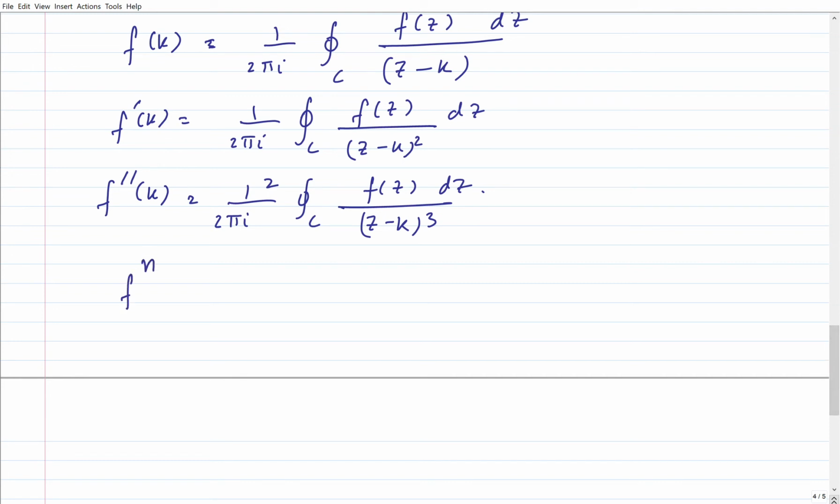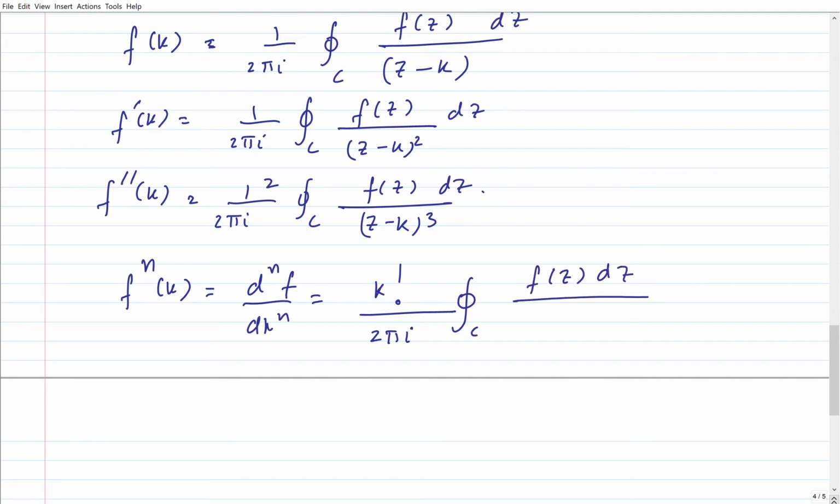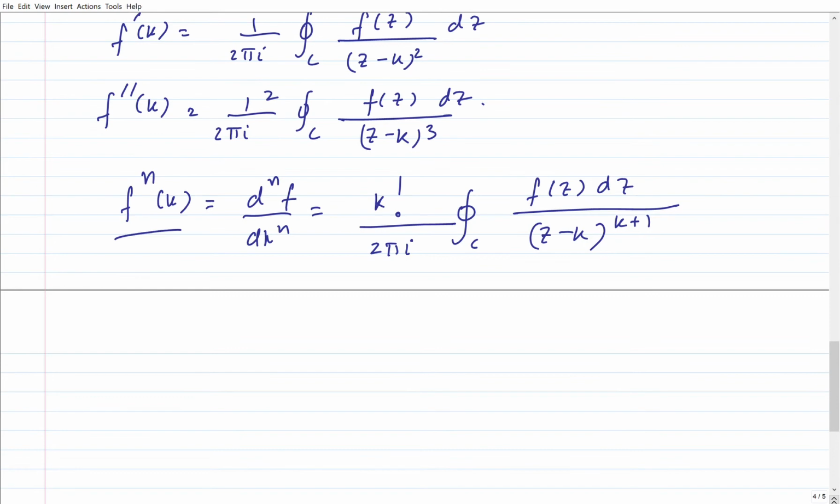I get the nth derivative f^(n)(k), which was nothing but taking the derivative of the function n times. That came out to be nothing but n factorial over 2 pi iota, and the integral. Remember, z is just a dummy variable, so it doesn't really matter. I can use some psi or something. So this is a nice connection between the derivatives and contour integration.